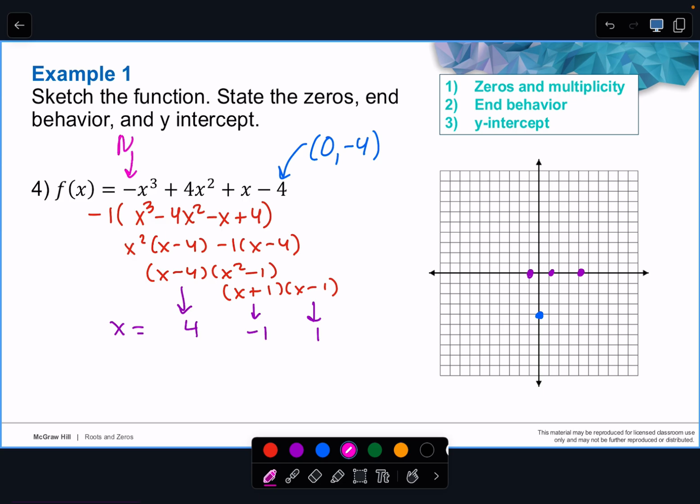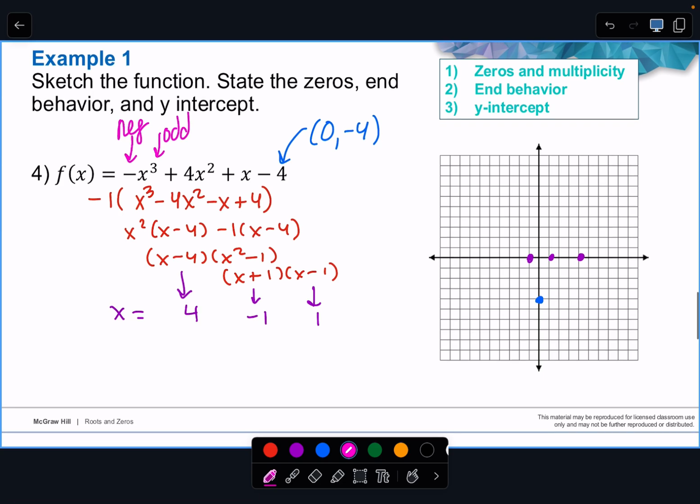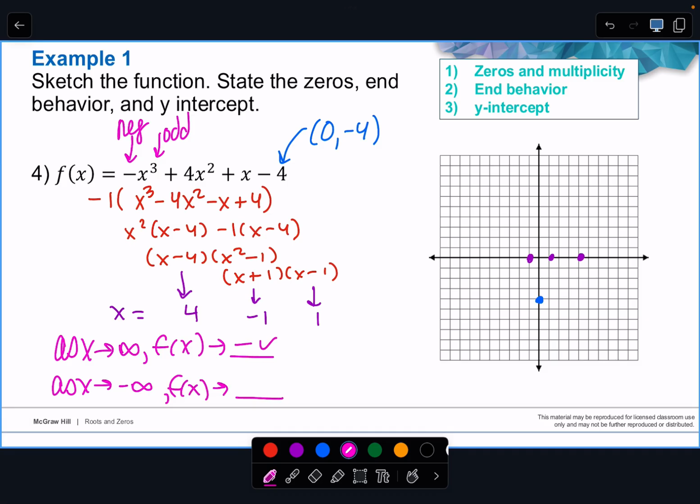And then our last scenario is negative, odd. Negative, odd goes down on the right and up on the left. Odd is always opposite. So on the far right, down, and on the far left, up.